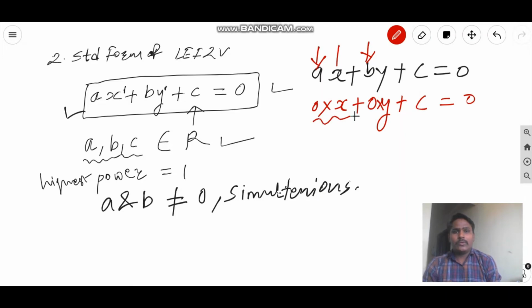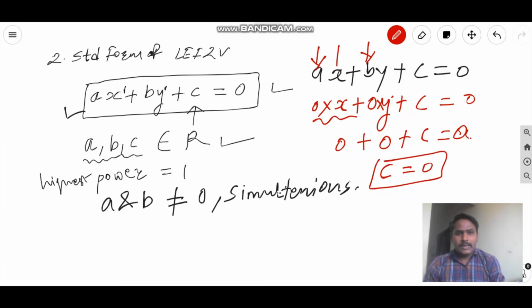So 0 into x is 0 plus 0 into y is 0 plus c is equal to 0. So we get c is equal to 0. Can we see any variable here? No. And what is c? C is a real number. Okay, 0 is a real number, but this is not a linear equation in two variables.